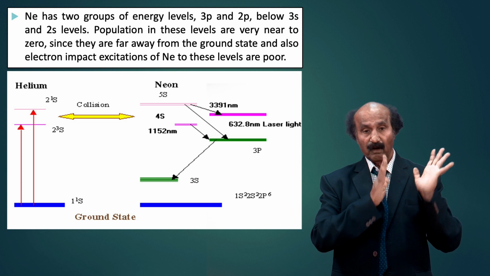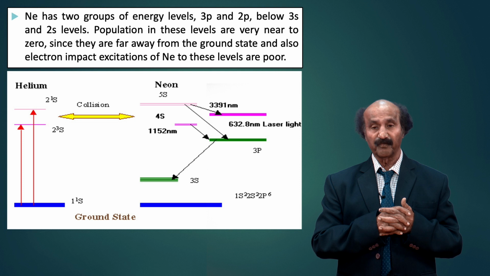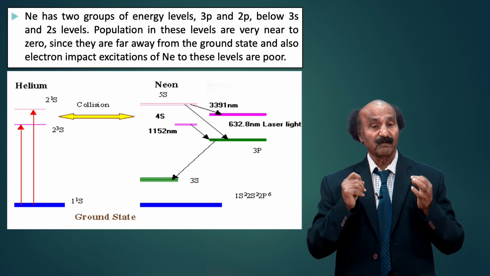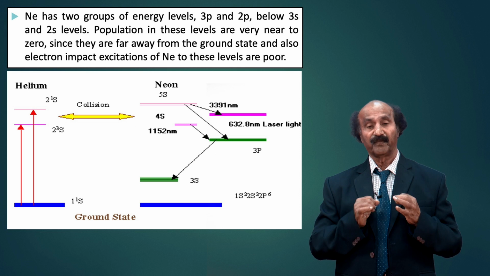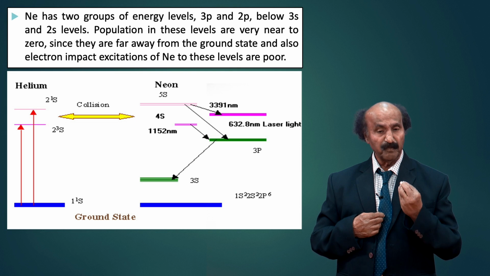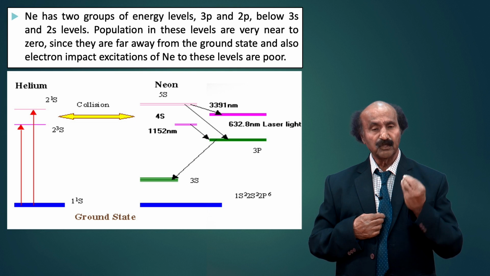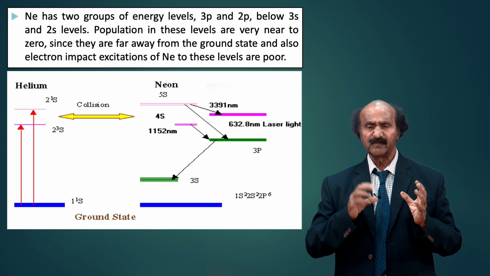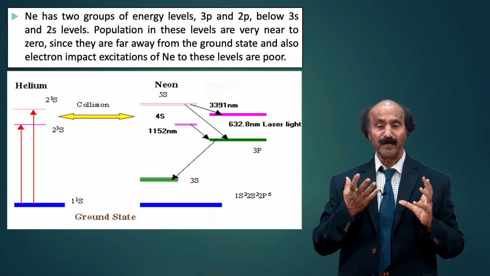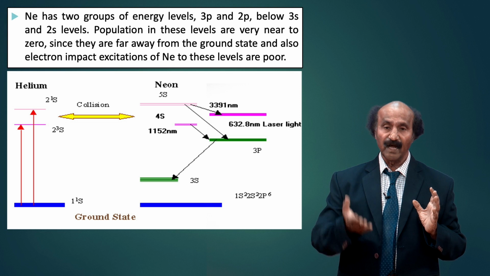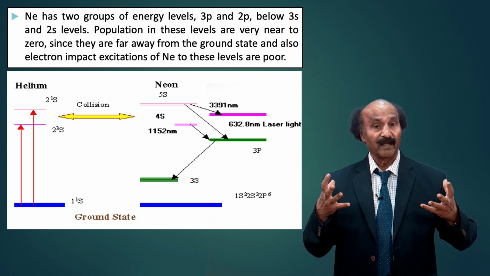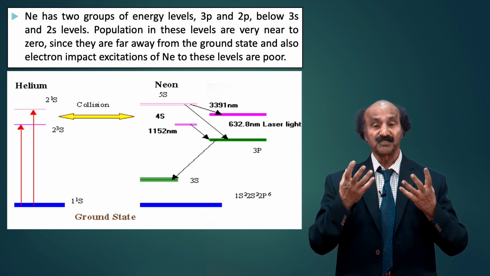This particular transition is called resonant energy transfer. What we mean is that the energy level separation between the 1s and 2s levels of helium is very similar, almost equal, to the energy separation of neon between the ground state and the s level states. Because of this, there is a resonance energy transfer.